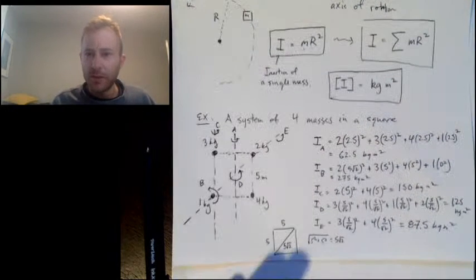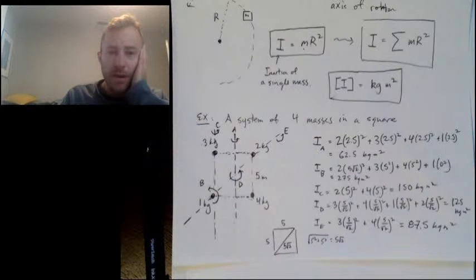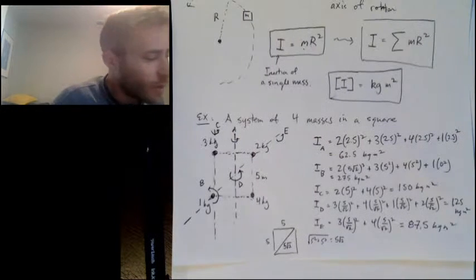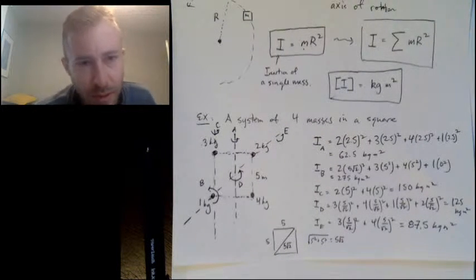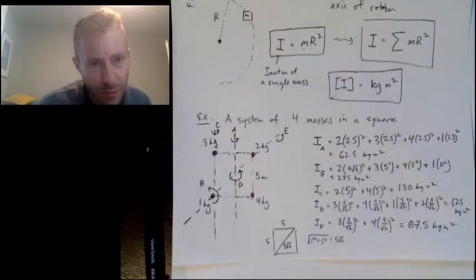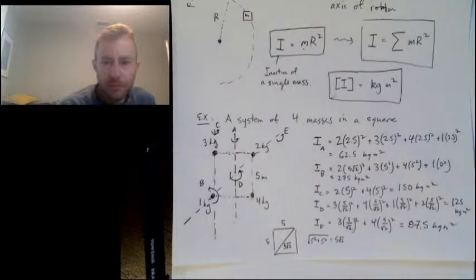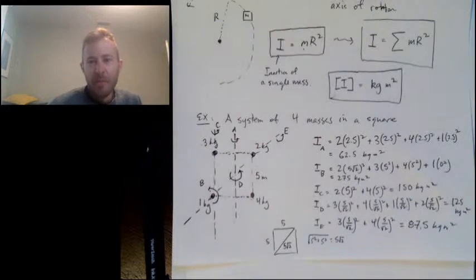So let me ask you, I'll type it into the chat if you know the answer. Which of these axes is it going to be easiest to rotate the square about?